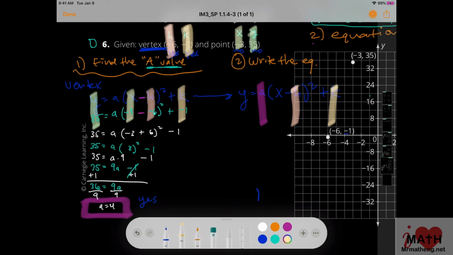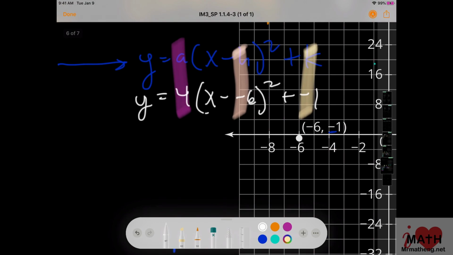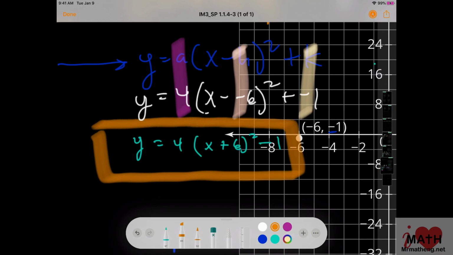All right, let's write an equation. y equals 4 times (x minus, my h value is -6), and my k value is -1. All right, let's just simplify that up. 4 times (x, the opposite of -6 is +6) minus 1. And that is our answer. Okay, right here in that orange box.